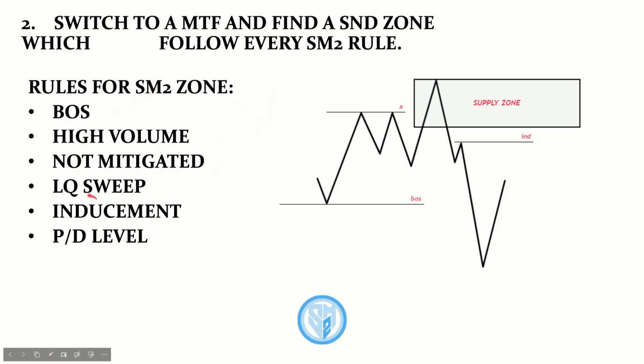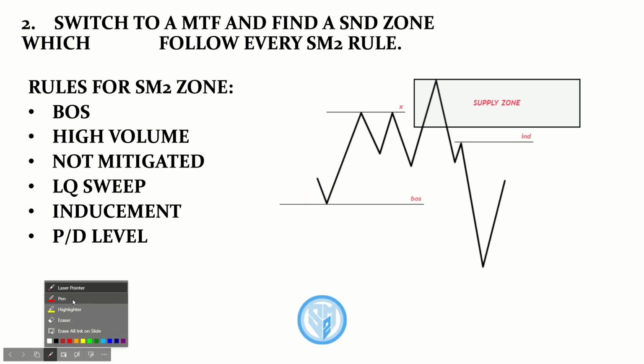Now, the last 3 rules are the rules which will make this zone a high probability SM2 zone. First things first is a liquidity sweep. Now, what I mean by that is the move which created the zone towards the upside, right, should have also swept liquidity, okay? So you guys can see here that we have equal highs. Let's just say this is the 15-minute time frame, right?